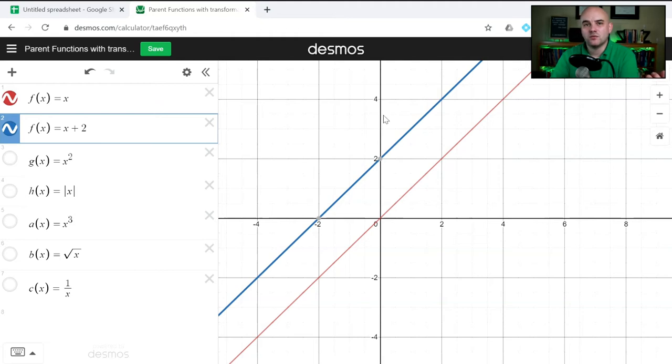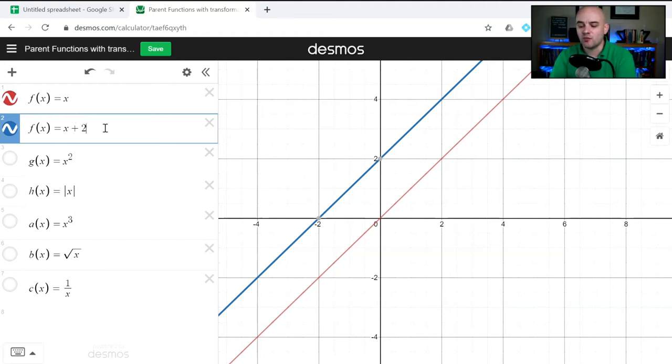Until we start talking about the other transformations, it's hard to tell: did this shift it left 2, or did it shift it up 2? But if we think about what's going on, we are taking the f of x value and adding 2 to it. So we're actually shifting all of those points upward when we say plus 2 at the end.